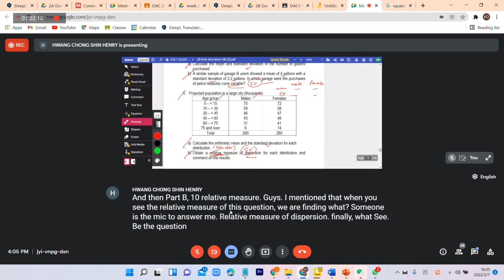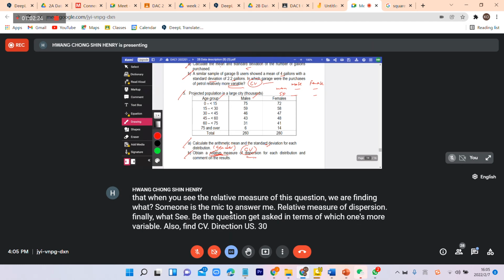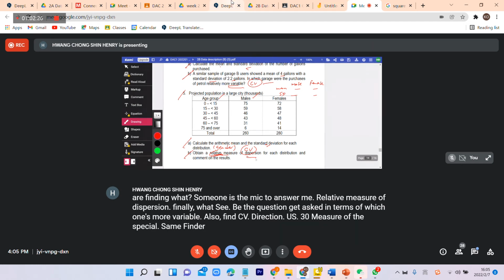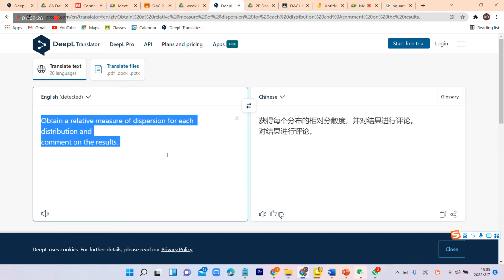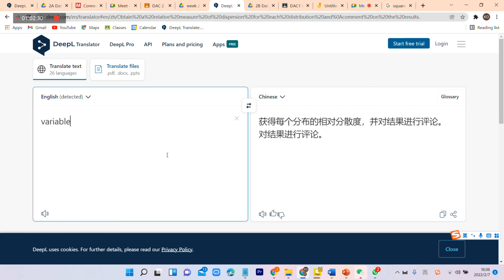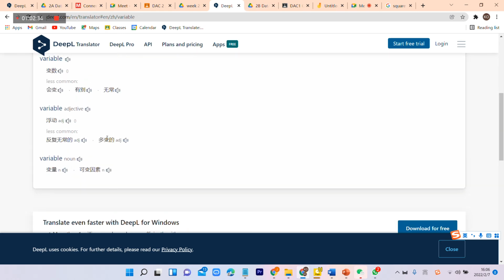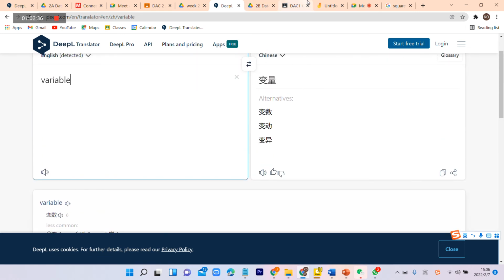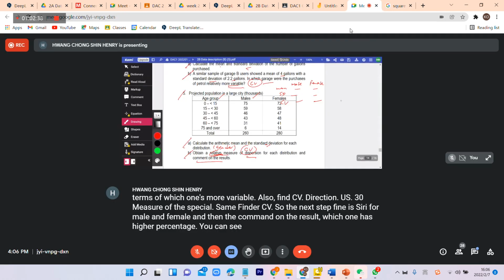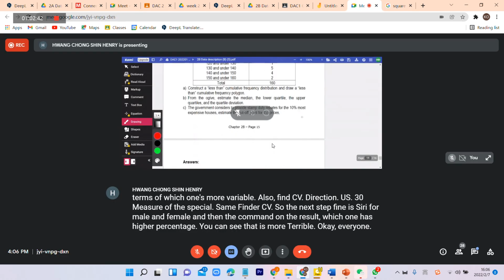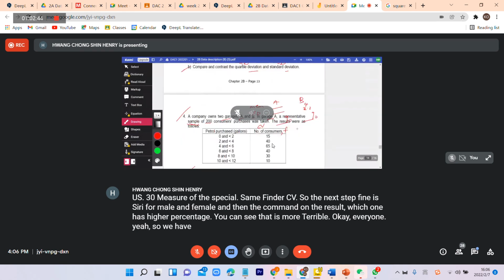The question can ask in terms of which one is more variable. Also find CV. The question asks relative measure of dispersion, also the same, find the CV. So the next step, find the CV for male and female, and then comment on the result. Which one has higher percentage? You can say that one is more variable.